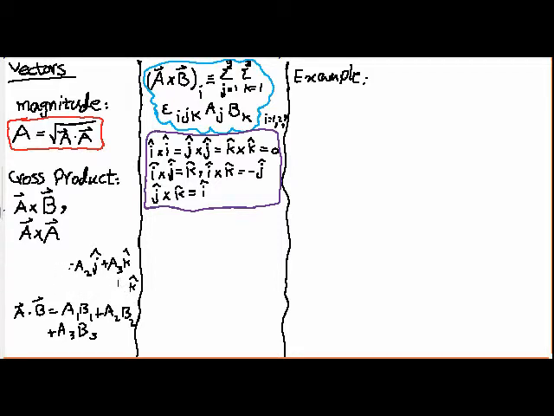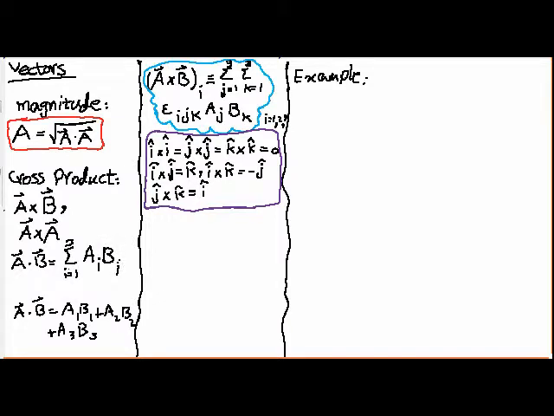After this I will move to the cross product, but let me write this here. Therefore A dot B, I will write as the sum over i from 1 to 3 of Ai Bi.